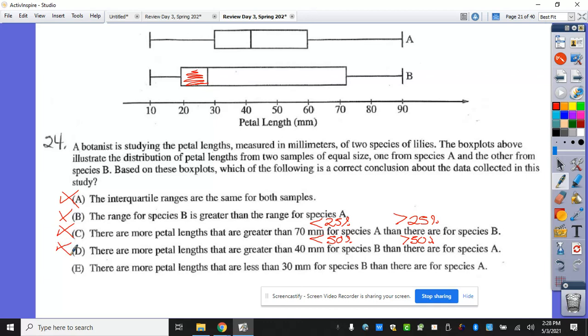And then my last one, I'm talking about less than 30. So in species B, what percent is less than 30? More than 50%. In species A, it's about what? About 25%.